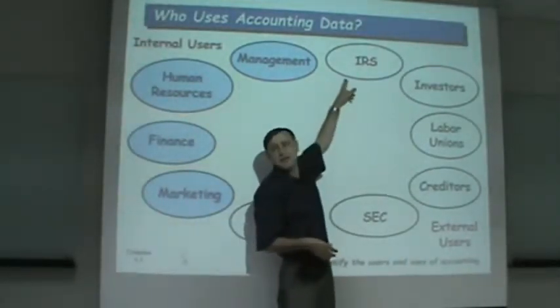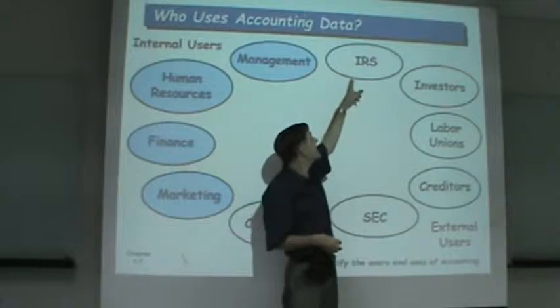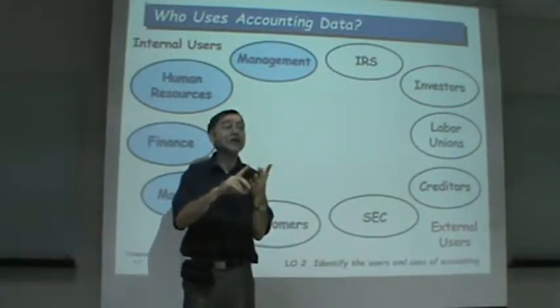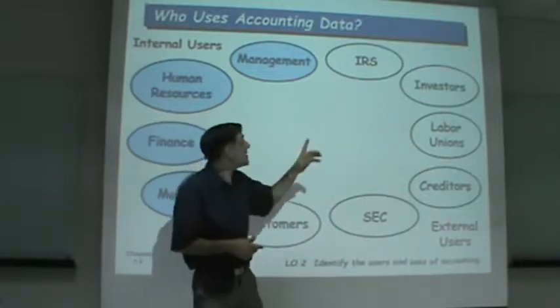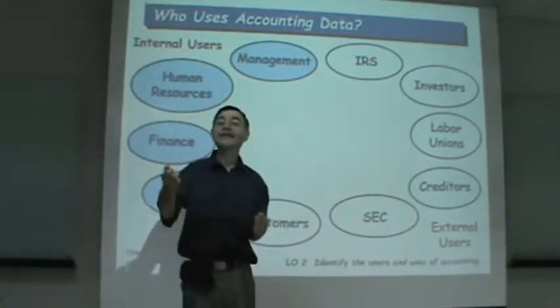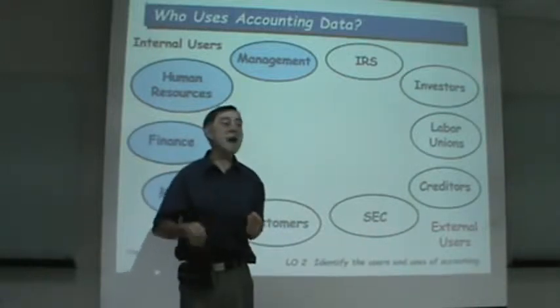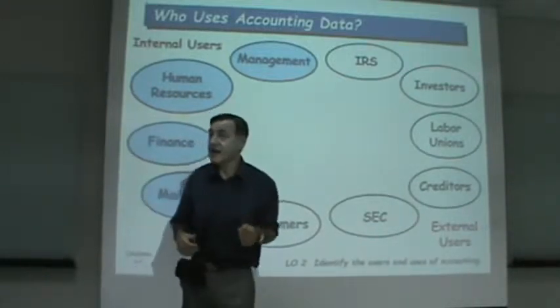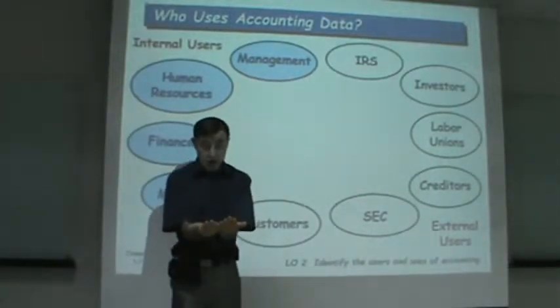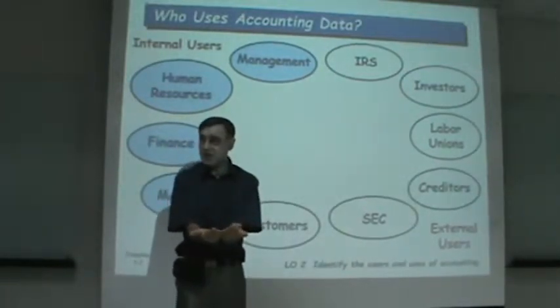The main one, this is the United States, the IRS, which means Internal Revenue Service. This is basically the government asking for taxes. So it's about paying taxes to the government. The government wants to see, are you making profit this year?